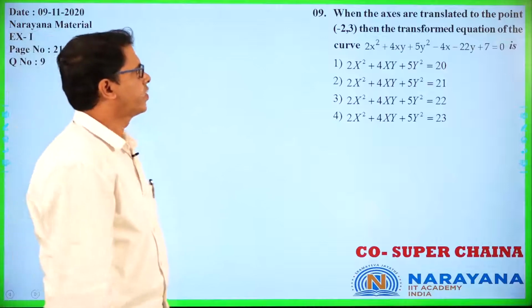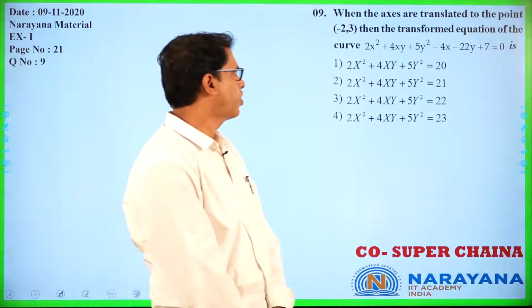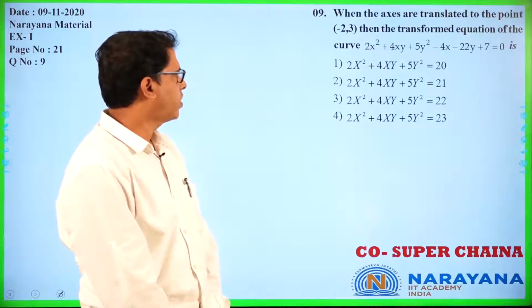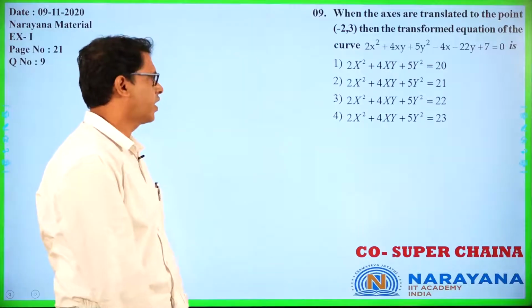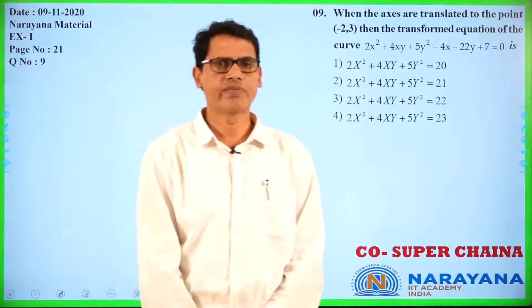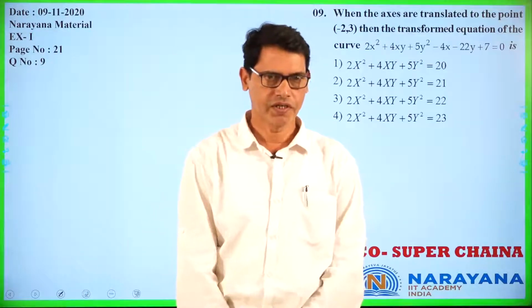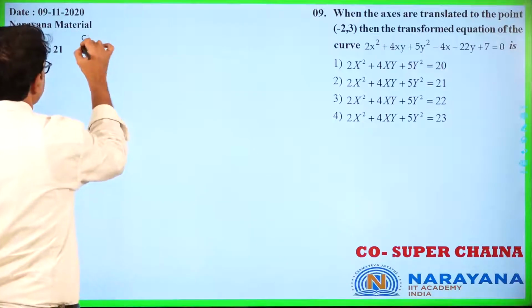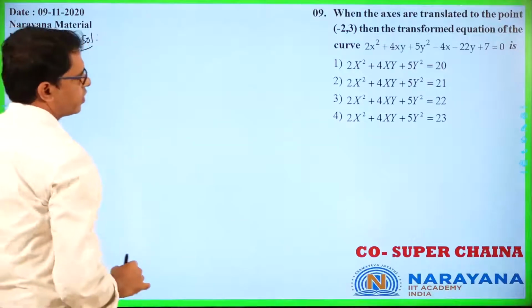See, when the axes are translated to the point minus 2 comma 3, then the transformed equation of the curve. Again same, just a common simplification. Okay? See, first write the given equation.